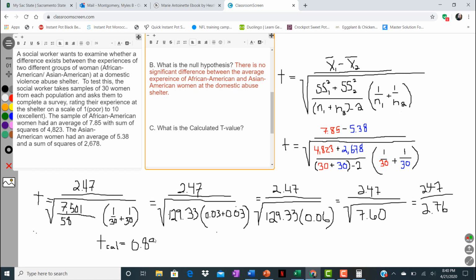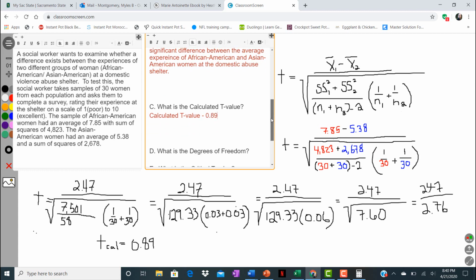I'll go ahead and bring that up here. We'll also make that red to make it absolutely clear to everybody. Let's say calculated t value equals 0.89.